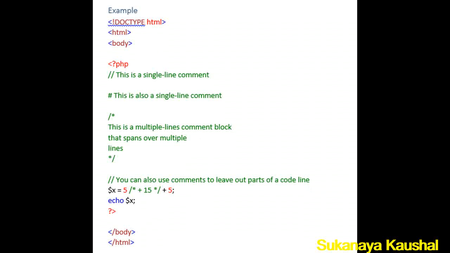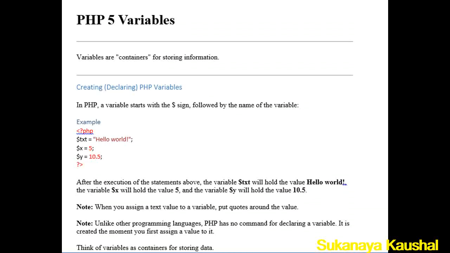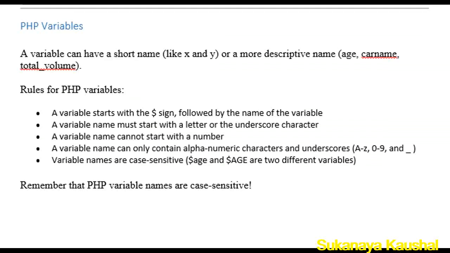The next topic is PHP variables. If we want to store information we use variables, which are called containers. We declare them within the angle bracket and question mark php, first writing the variable for the string, $txt equals the string value we want to write, and end it with a semicolon.